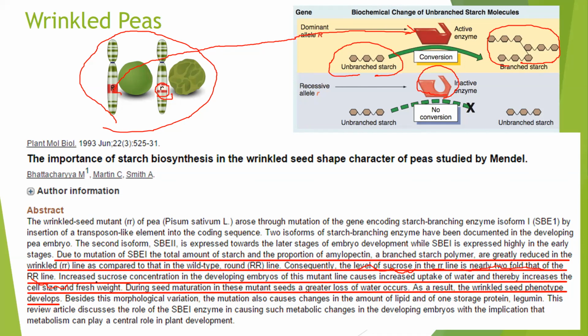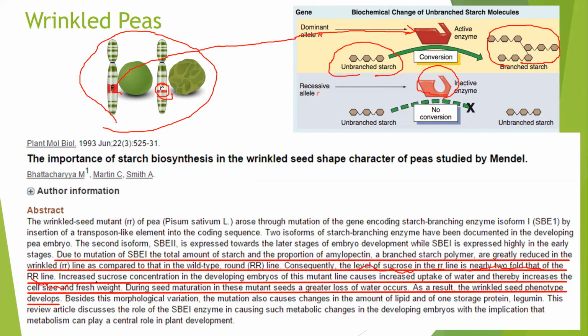And think about that. Initially it has very large seeds, but because of the loss of water, the skin of the seeds will shrink. So after seed maturation, you're going to see the wrinkled shape of the seeds.